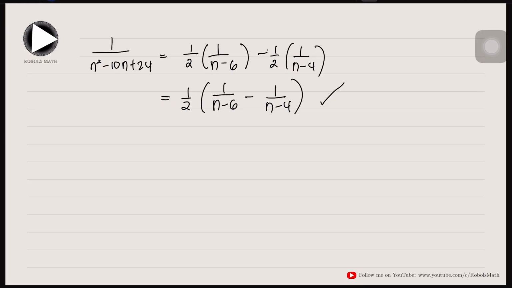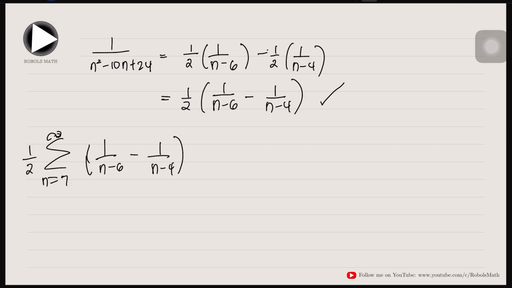So we have here the sum of the summand from n equals 7 to infinity. We have a factor of 1/2, so we can take that out: 1 over n minus 6 minus 1 over n minus 4. If you write the first few terms of that, we get 1 over 7 minus 6, that's 1 over 1, minus 1 over 7 minus 4, 1 over 3.